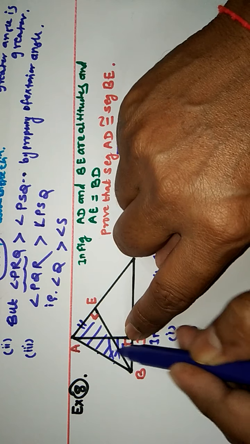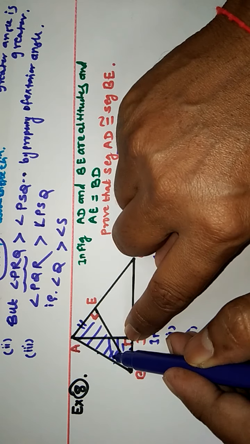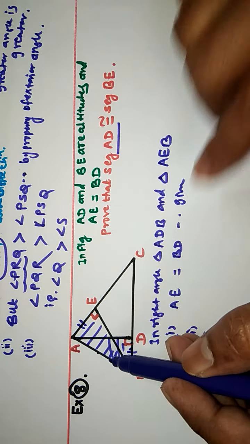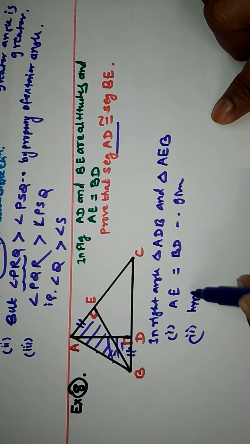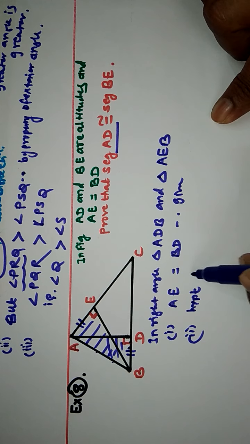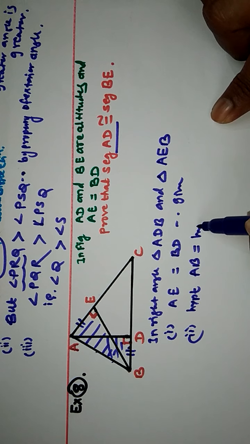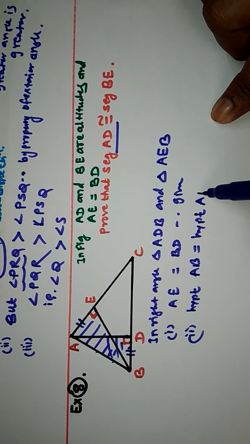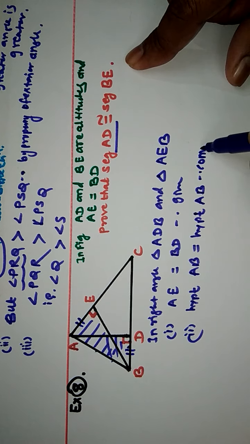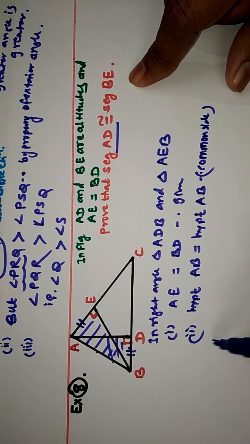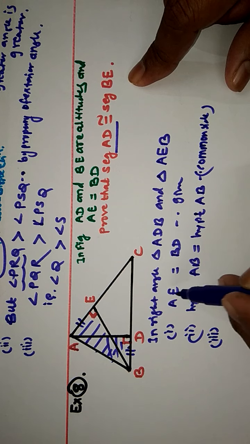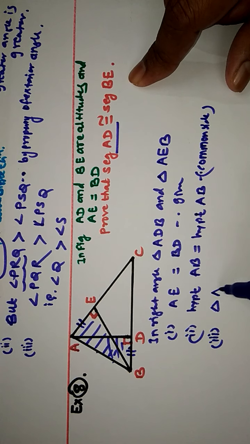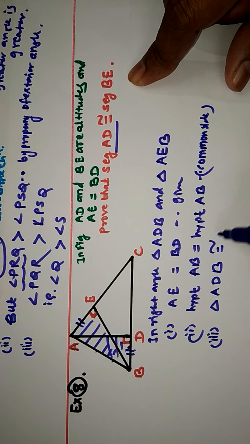Also here, this is a right angle, then its opposite side AB is the hypotenuse. Hypotenuse AB is congruent to hypotenuse AB, common side. Therefore these two triangles are congruent by the hypotenuse side test. Triangle ADB is congruent to triangle AEB.